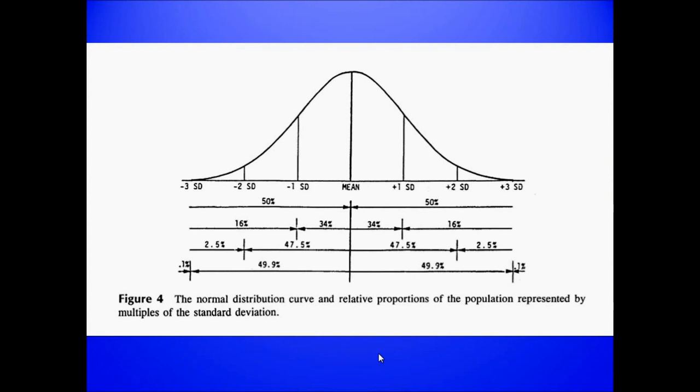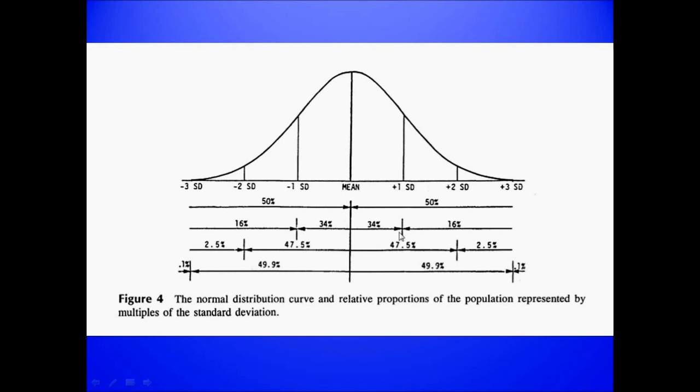The normal distribution curve and relative proportions of the population are represented by standard deviations, as you can see here, with the mean in the center. Then we have one standard deviation going out at 34% of the population on each end, minus and plus. So this would represent, let's say, something larger than the mean, heading to the right of the screen, and to the left of the screen something smaller than the mean.